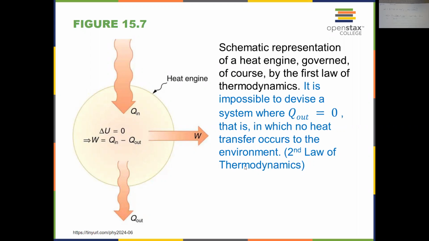But this is just one note I want to give you. For any engine that you can design, you cannot convert all the heat taken in into work totally, which would mean an efficiency of 100%. That's not possible.